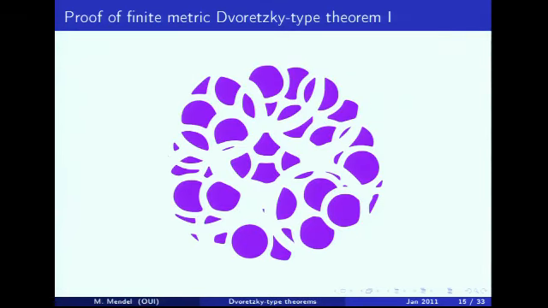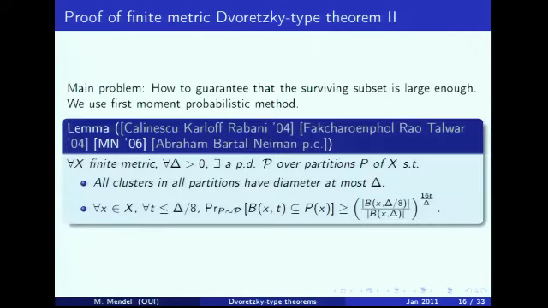And this is the Ramsey subset that we find. And it's obviously a 1 over epsilon approximate ultrametric. Because at all scales, the distances are within 1 over epsilon of the relevant diameter. And the problem is how to guarantee that the surviving subset is large enough.